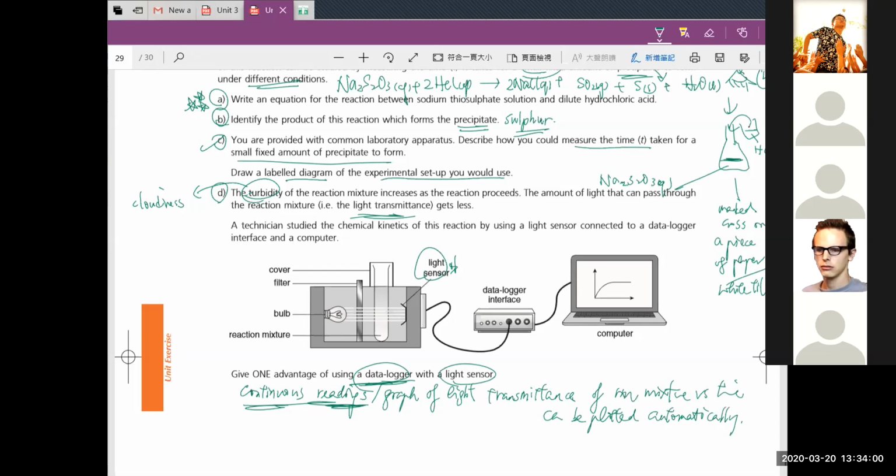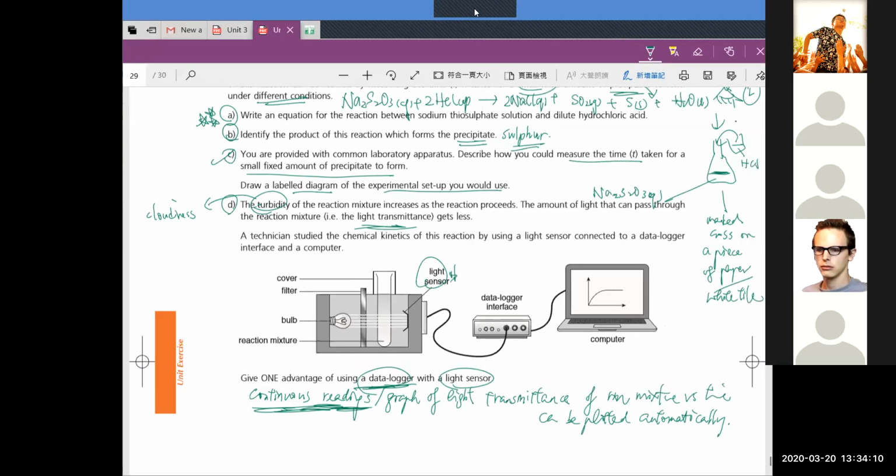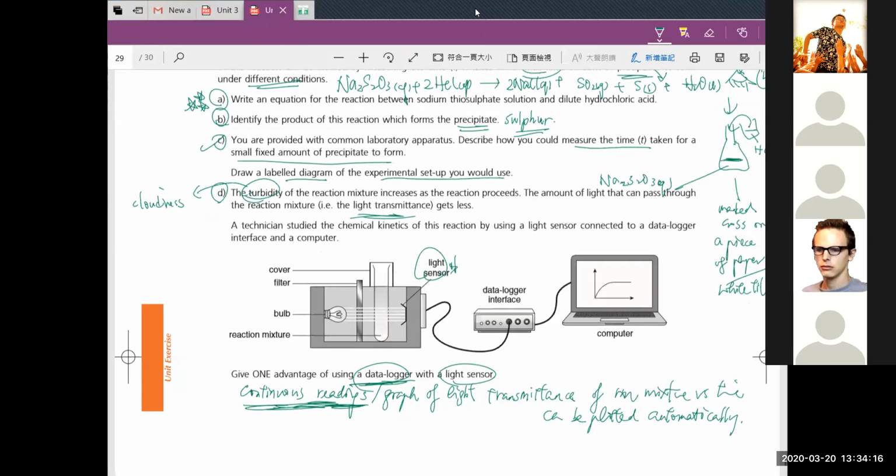So which wins over the other way of doing the measurement, just like quenching, right? Quenching, you know, that is continuous versus discontinuous. The second thing, maybe if you have got a meter to directly measure the light transmittance, the burden will go back to the human, right?